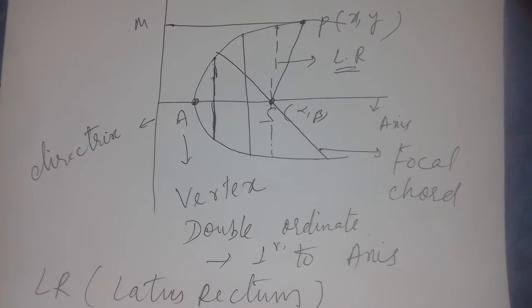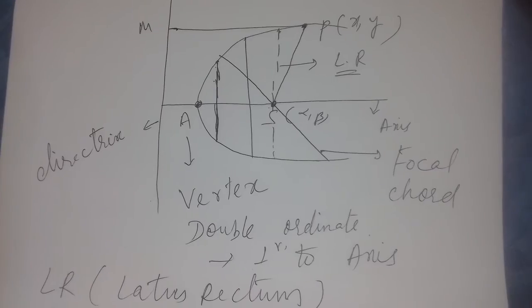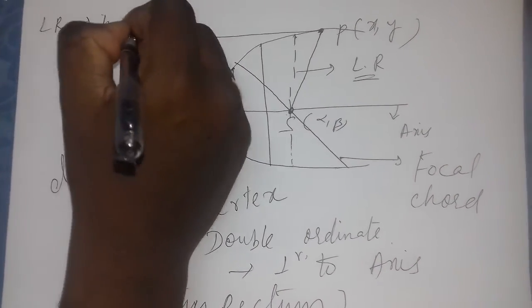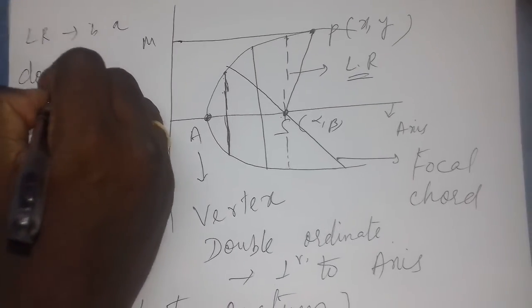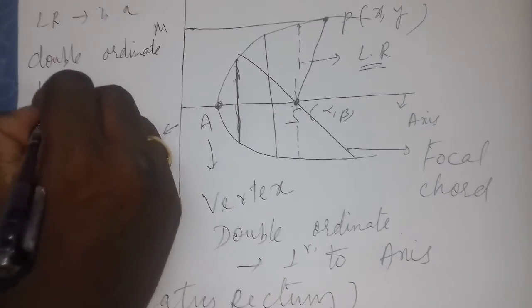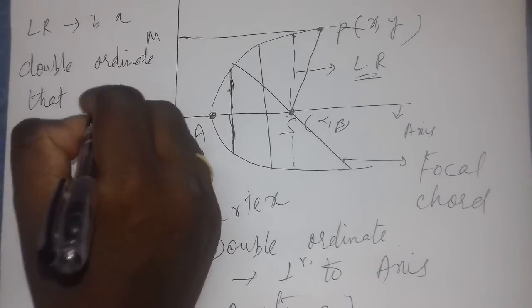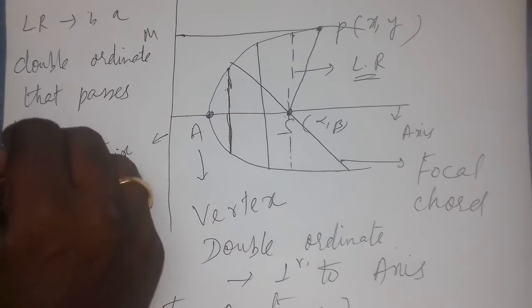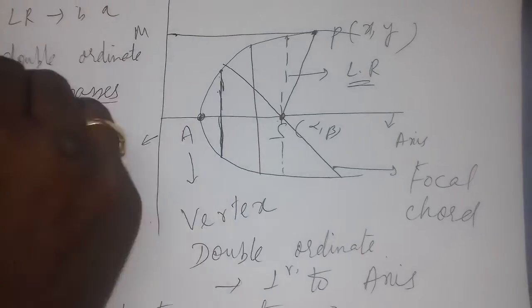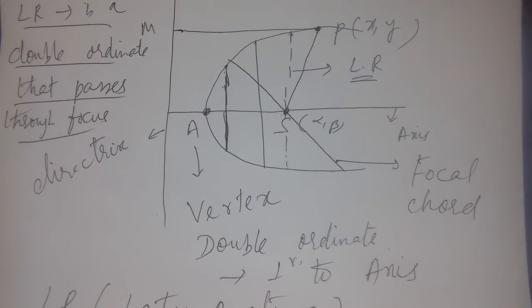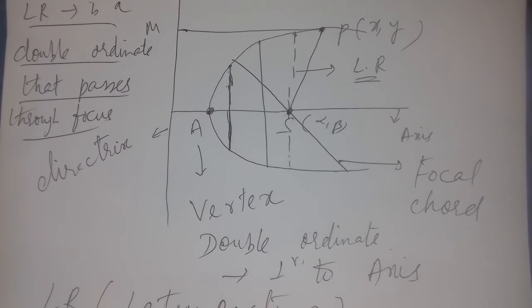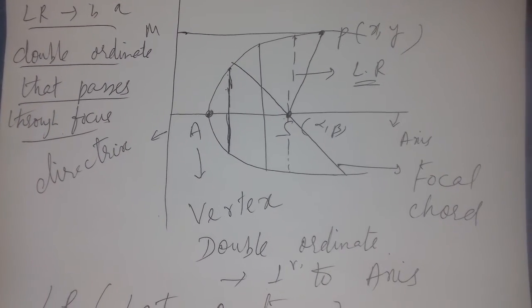Okay, so this is your description of a conic section along with its various parts.